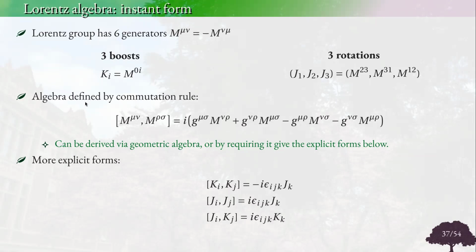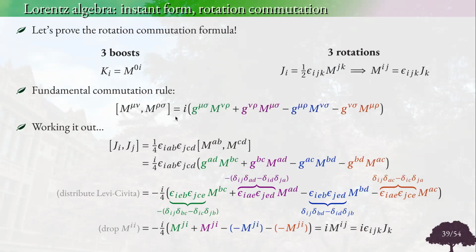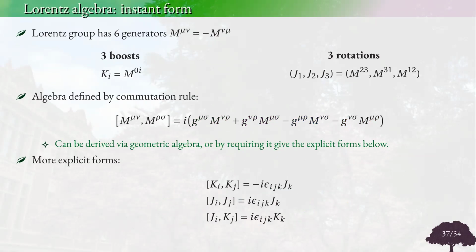The overall algebra is defined by a commutation rule. It's kind of an ugly looking thing, so here's a helpful mnemonic. I was going to have something pointing to the indices, but it seems I did not do so. I'll correct the slides when I post them online.